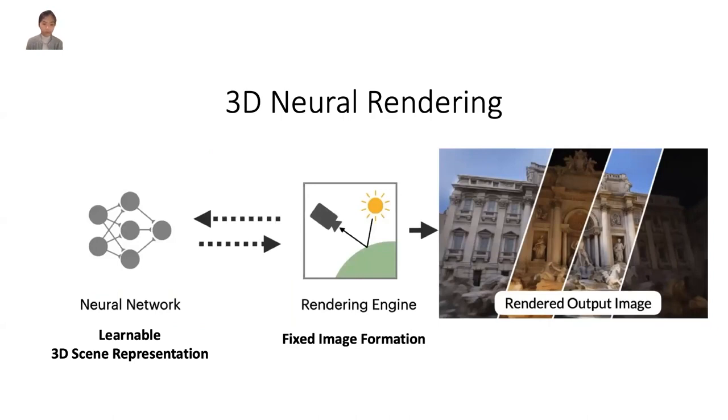And then we also have 3D neural rendering. It approximates the 3D scene representation, this time with neural networks. And importantly, the rendering engine must be differentiable to propagate the gradient to optimize the neural networks. The enhanced representational power of these neural networks can offset the need for very complex and expensive rendering engines.